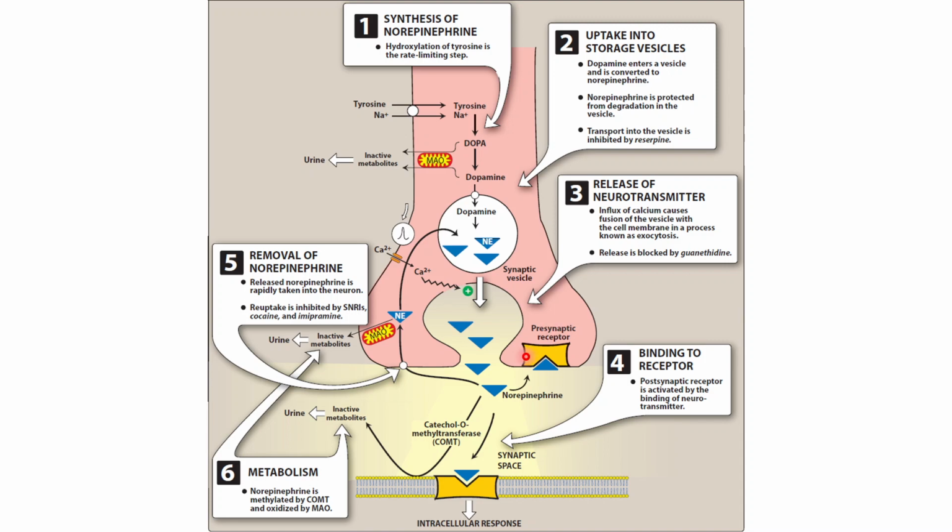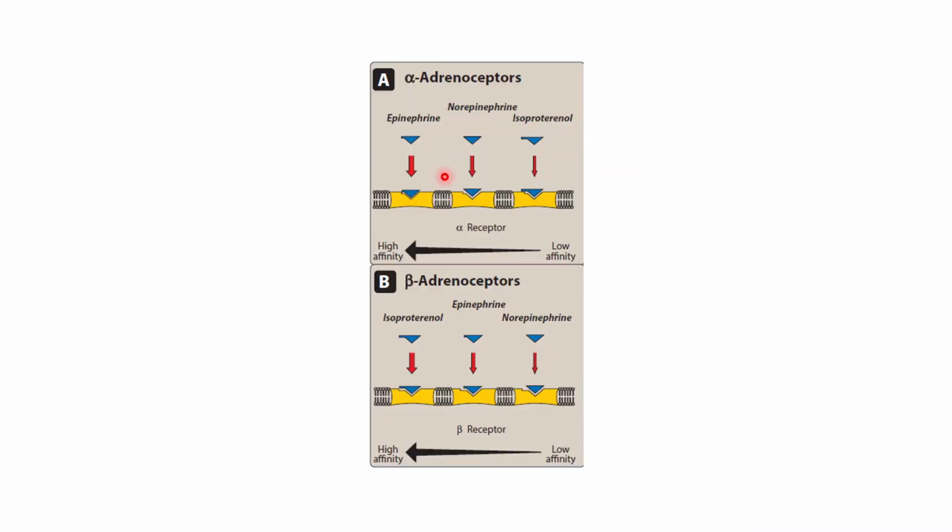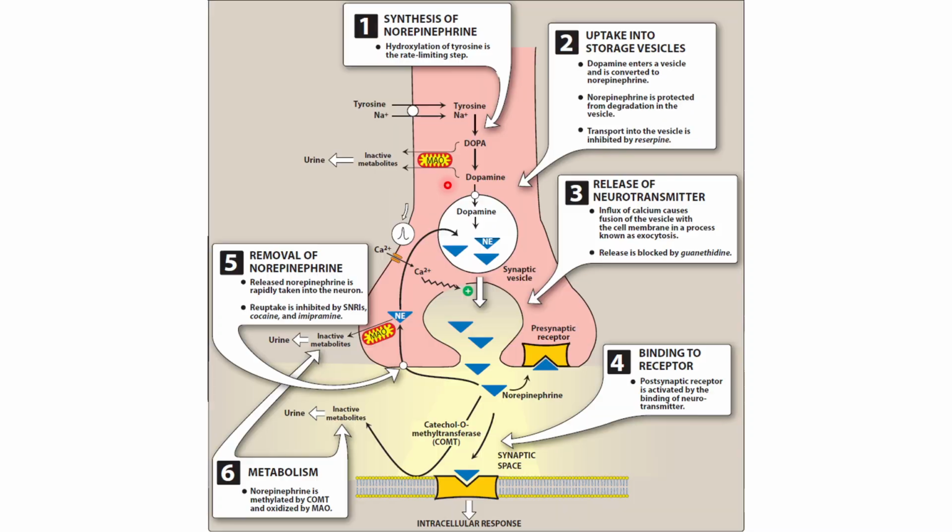What it usually does is inhibit the release of norepinephrine. So once there is enough norepinephrine released to the synaptic cleft, it will activate the receptor, and the receptor will inhibit the release, so that will prevent excessive release of norepinephrine.